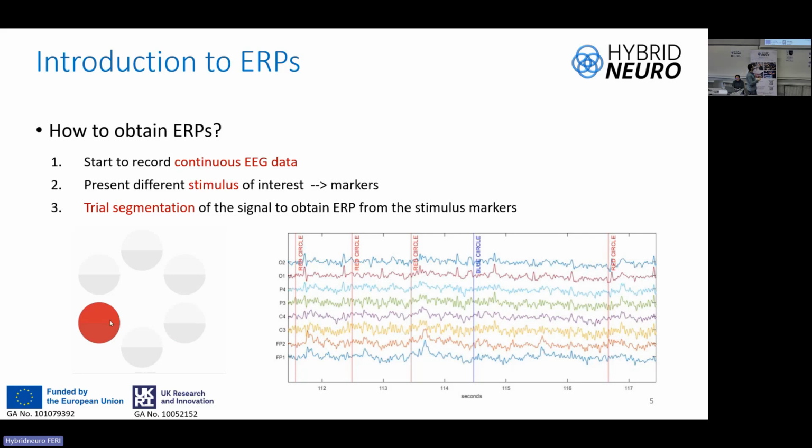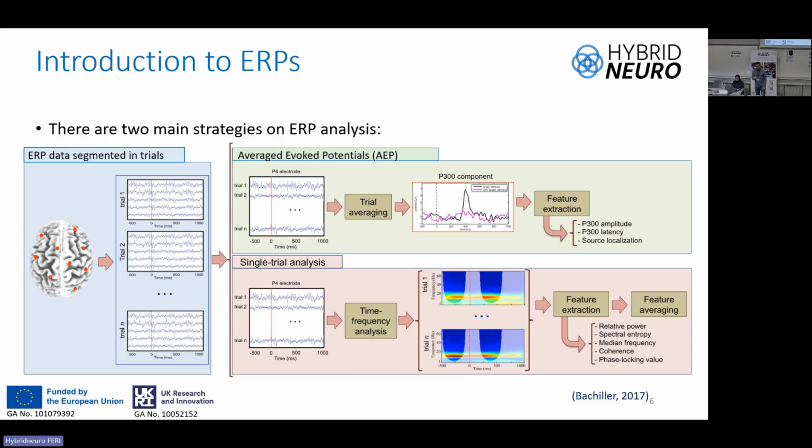So we need the continuous EEG, and also we need the markers, this kind of marker. Then after this, it is necessary to perform the trial segmentation in order to obtain the ERP.